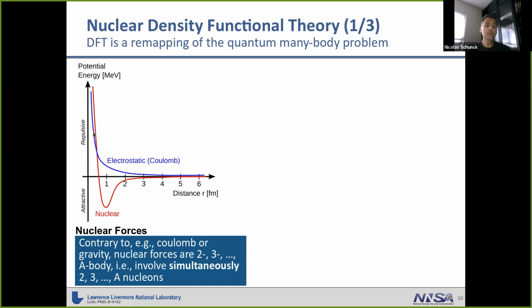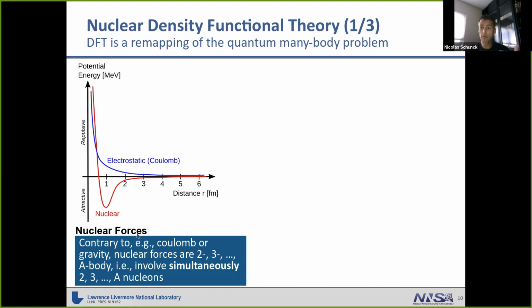Now, this is just for the two-body part of the nuclear force, because contrary to, for example, the Coulomb force or gravity, nuclear forces are many-body forces by construction. So this means they involve simultaneously 2, 3, 4, 5, A nucleons at the same time. This is different from many-body effects that are induced.